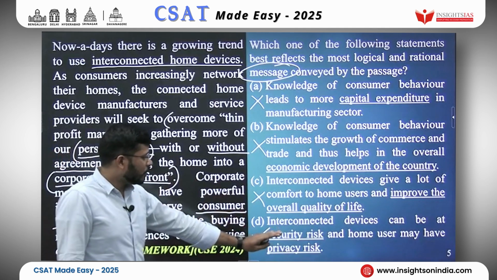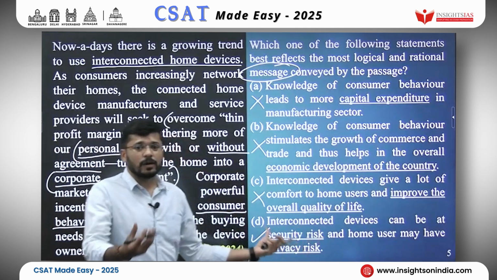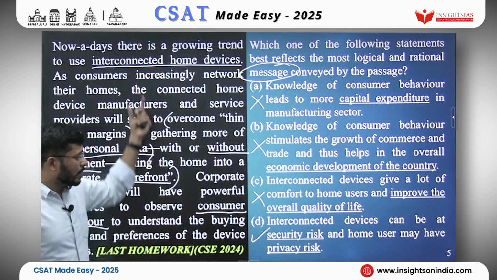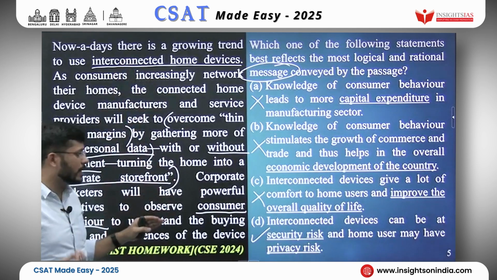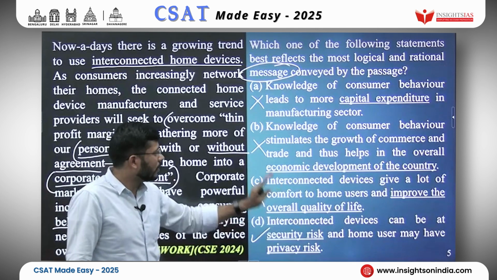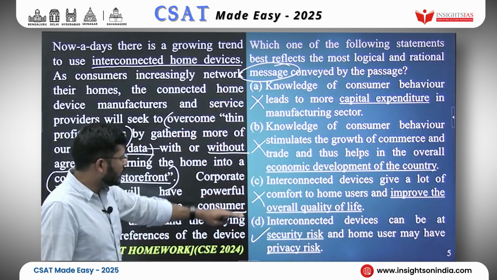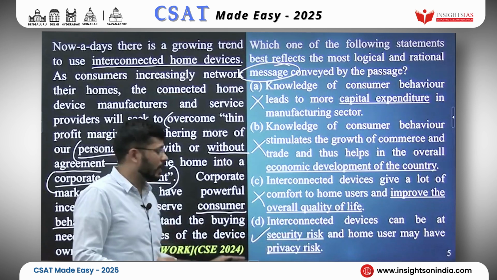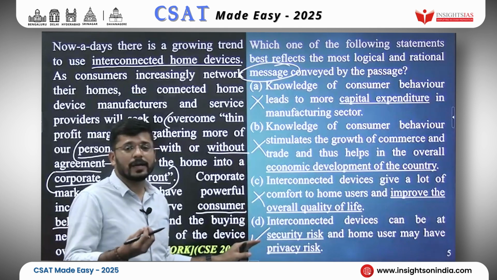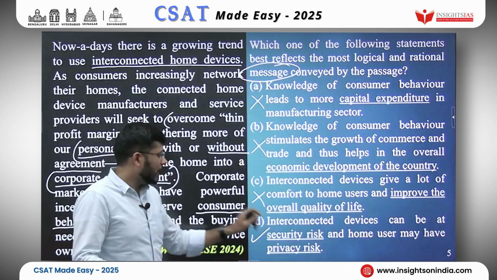Even though security risk is not explicitly stated here, we can understand that the whole passage is talking disapprovingly about interconnected devices, and of all these, this is the only option which is talking in a negative tone about interconnected devices.